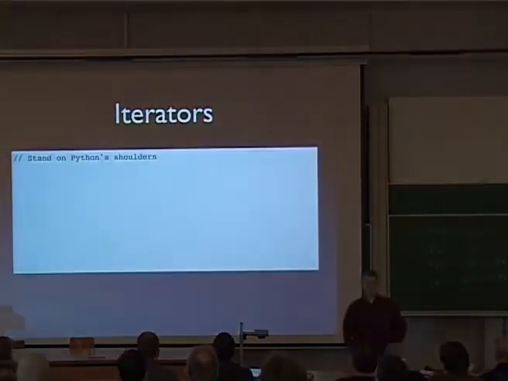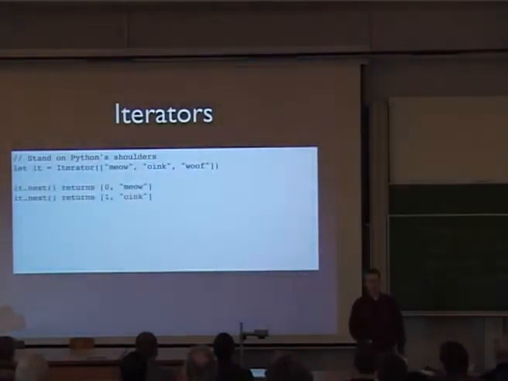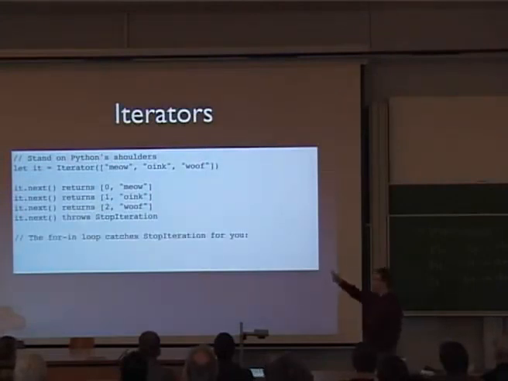So iterators. Again, if you've done Python programming, it should look very familiar to you. Construct an iterator from a list of objects of some form, and then you get to walk through that iterator using .next to get the values out until eventually you hit the end and a StopIteration exception gets generated, then you can catch that exception and do what you want. Obviously, that's probably not normally how you would use an iterator.